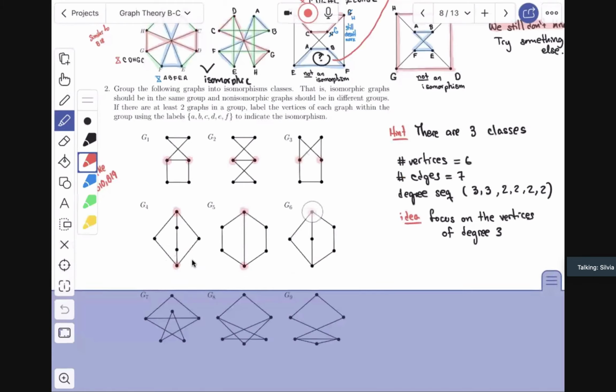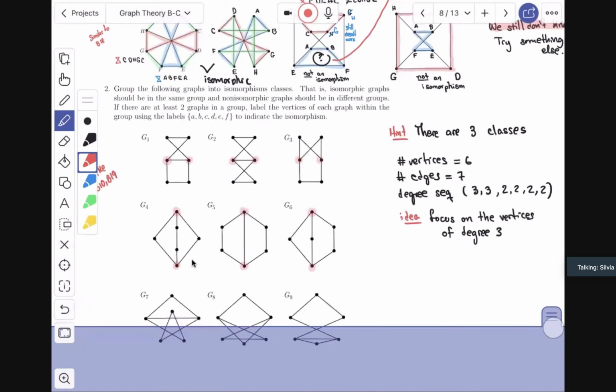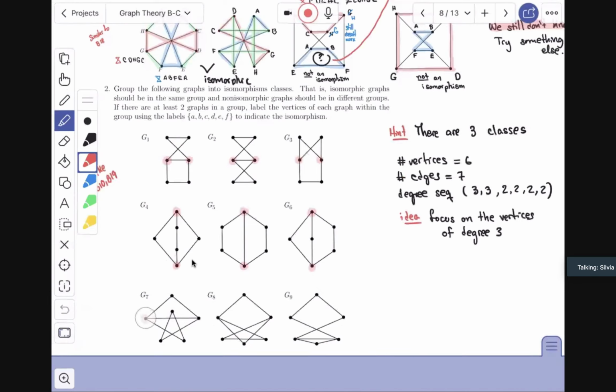If there is an isomorphism, the labels for those vertices need to be the same, right? So if I use A and B for those 2 vertices in the first graph, then any isomorphism will need to assign A and B for those vertices as well. Focus on these, and see what's the rest of the graph.